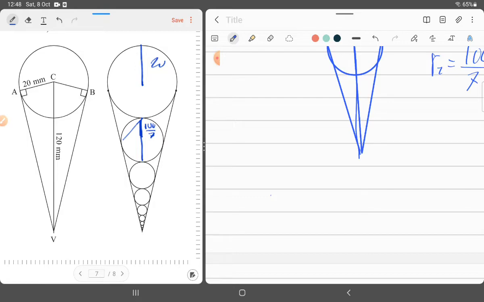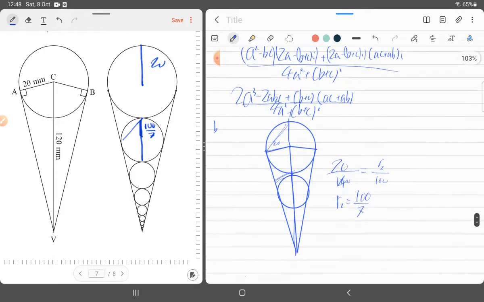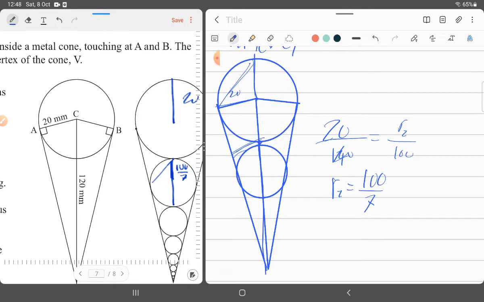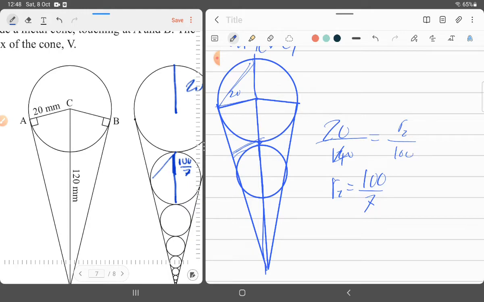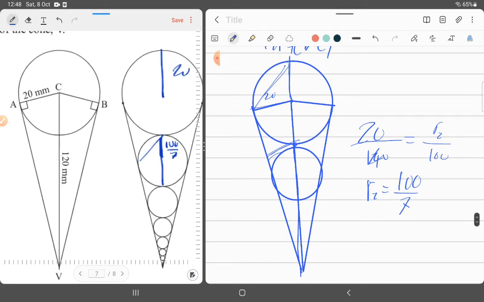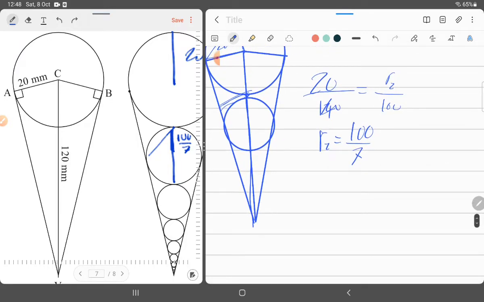Right. Oh, wait. Where did this 140 come from? I just realized. Right. It's because this is not 20 there. What was I thinking? Right. Oh no, never mind. I'm on crack.